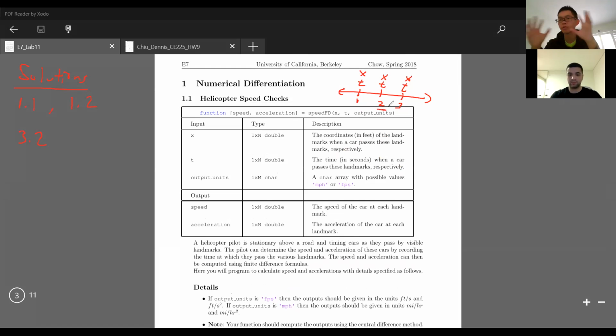So that's going to be the central difference method: you take the left and right points to estimate the middle. Now, obviously, you can't really do that for the edge points because one of those is going to be out of bounds. So we'll need to use forward and backward difference methods for those. And you'll see what those look like as we go along.